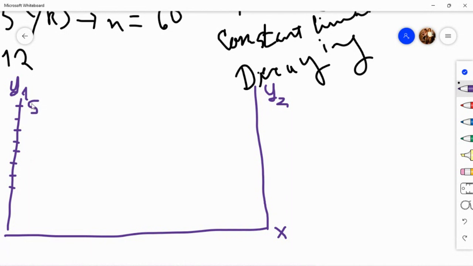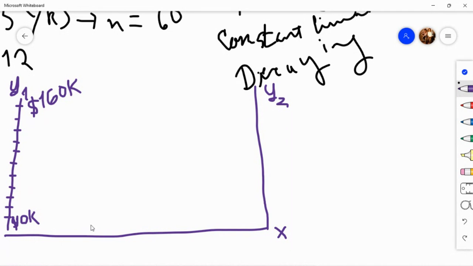Let's say the highest point in y1 is 160K. So then each notch is 10K, let's say. Okay, I don't have to do it with a mouse.